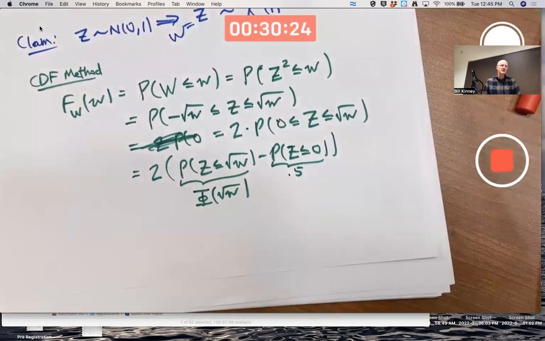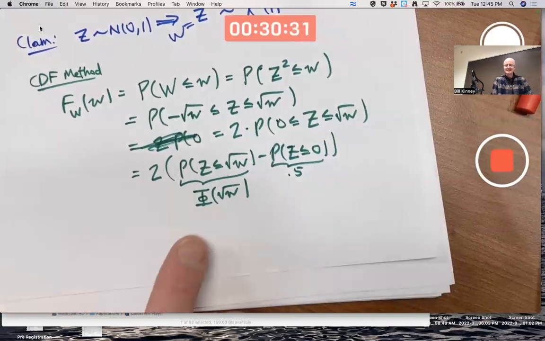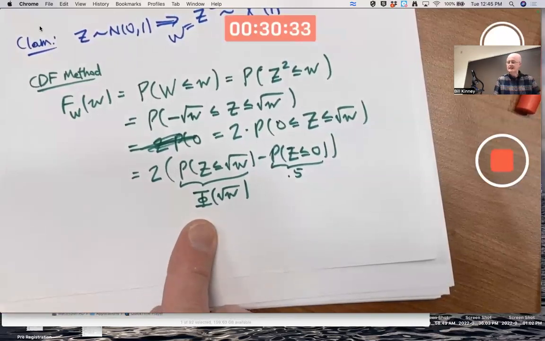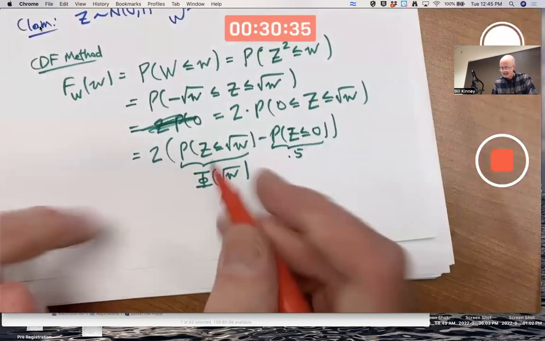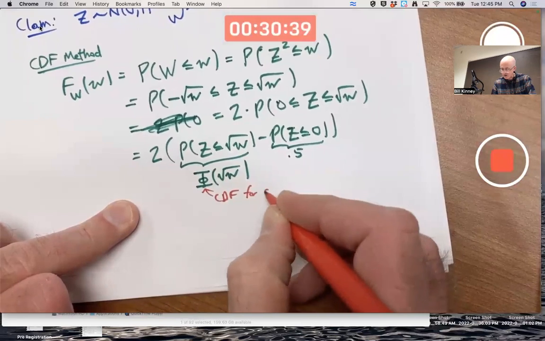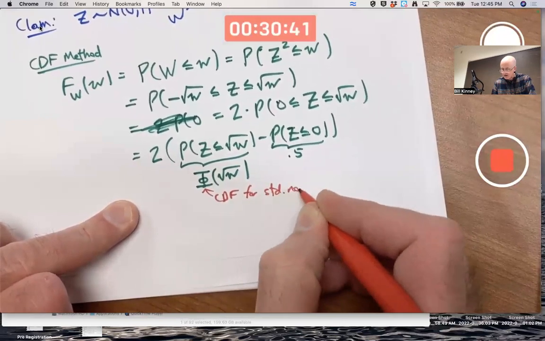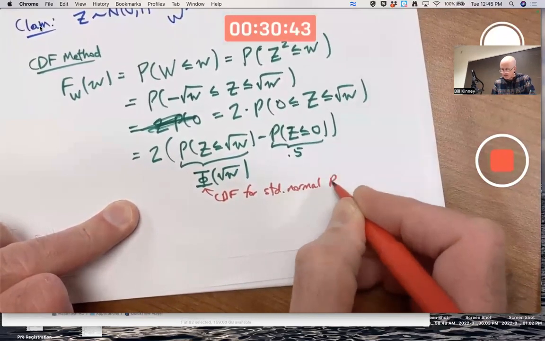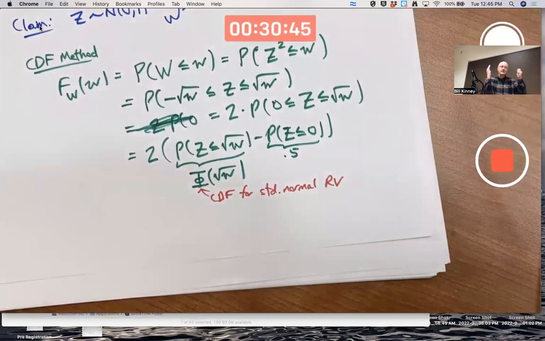That's special notation for the CDF of a standard normal random variable. It's not telling you anything that's not standard here. Pun intended. That's the symbol for it. People use it.